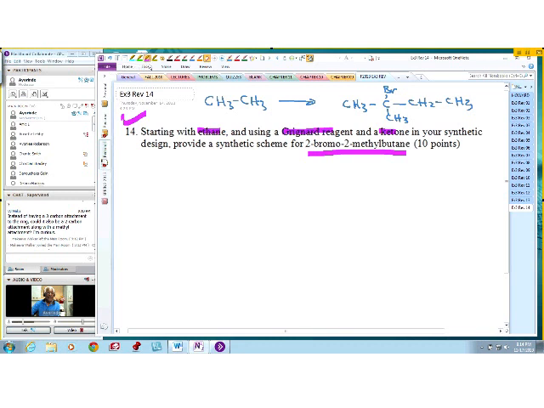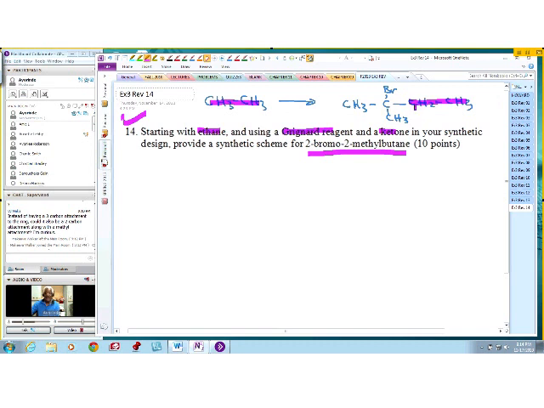Now, if I was you, I would say, okay, if we have to use a Grignard reagent, and we are starting with this compound here, is it possible that that could be this part of this molecule? If we make a Grignard out of this, can this be part of this molecule? Yes, that is possible.